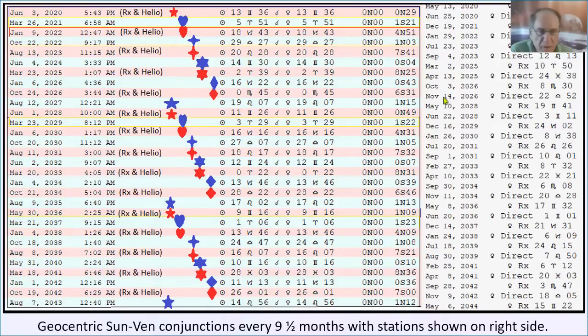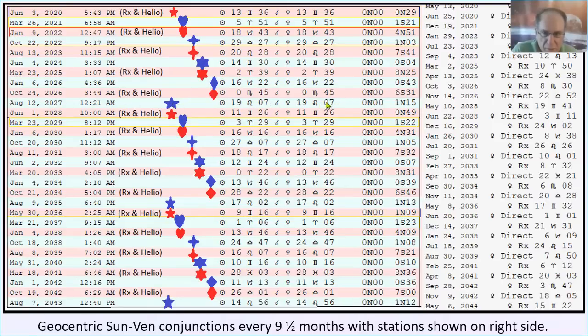This is maybe a little more detailed than any of us really need. But for example, on November 14th, 2026, Venus goes direct at 22 Libra. Now, if I go over here, the next date after November 14th, 2026 is August 12th. So that's the direct conjunction.